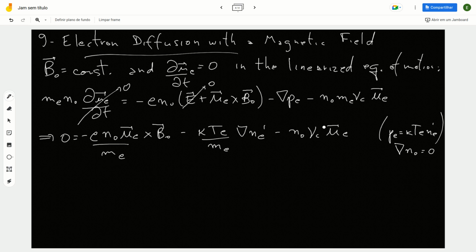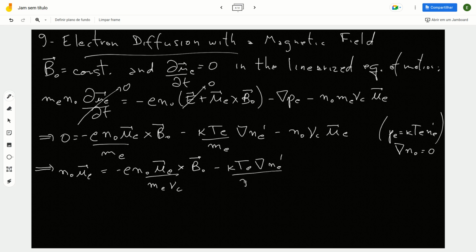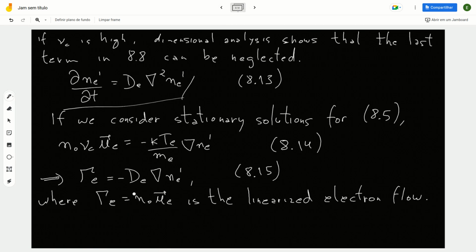Then we'll solve for N0 UE cross B over E nu C minus Boltzmann constant, temperature gradient on this. So we have already called this gamma E, right? Gamma E is this.